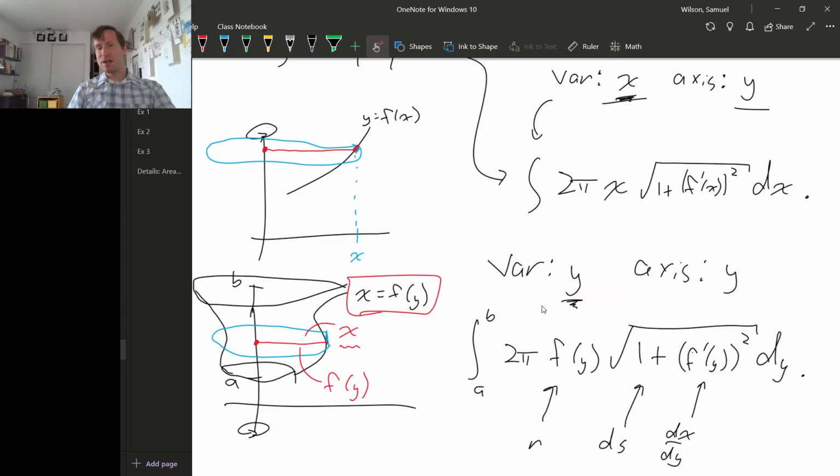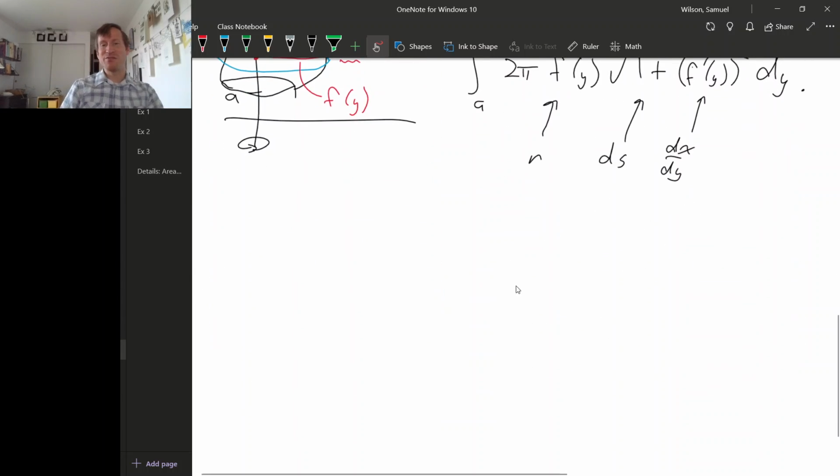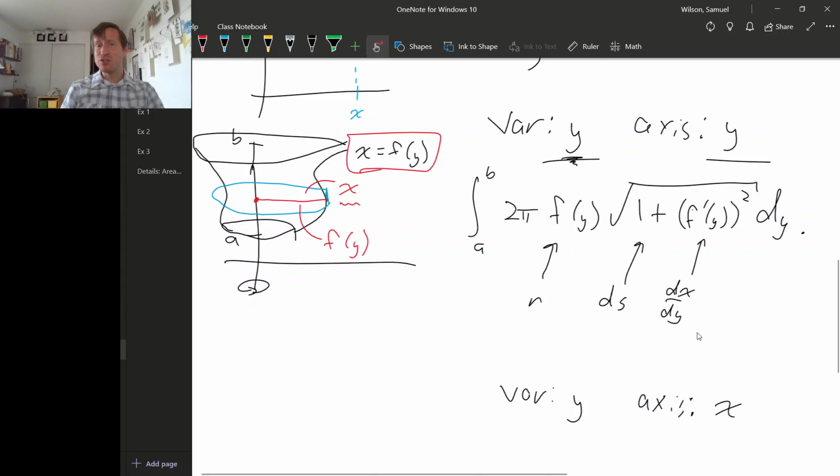So this is if the independent variable is y, and the axis you're rotating around is also the y-axis. So there's one more combination, which is when the independent variable is y and the axis is x, and I'll leave that as an exercise, so you can use everything that you've seen so far to figure out the formula for this one.